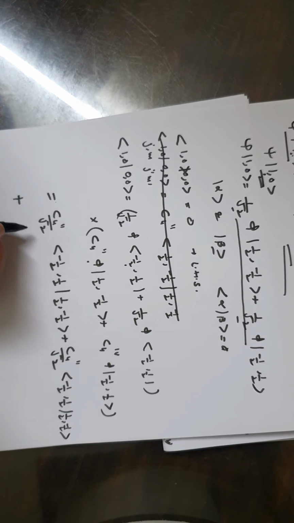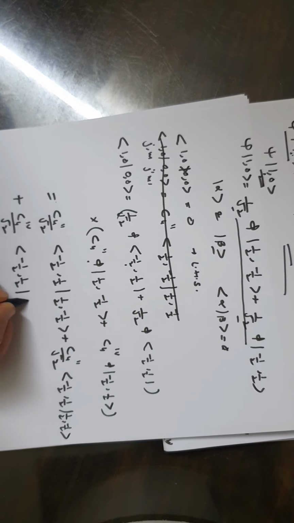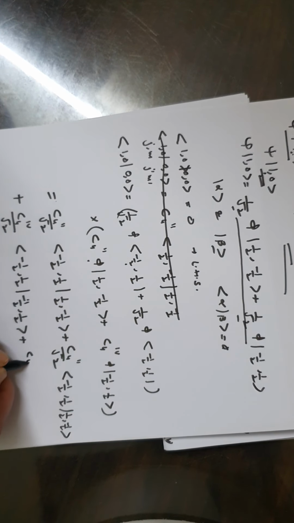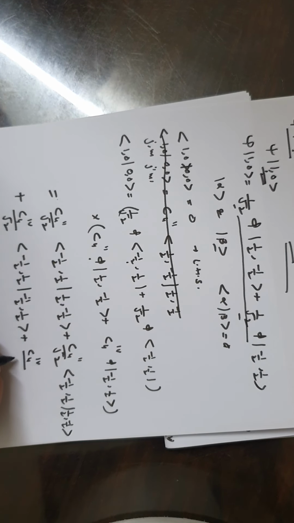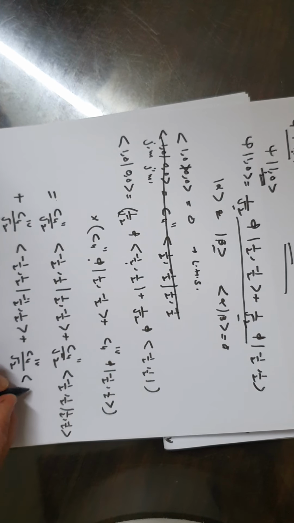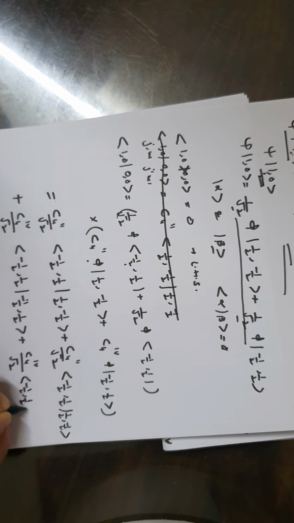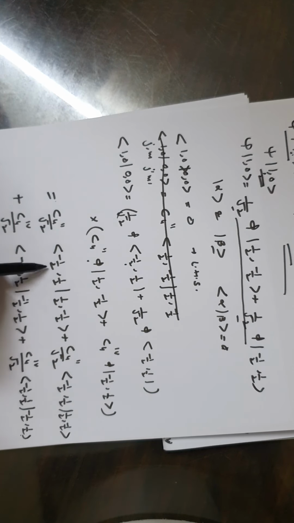Third term will be C4 4 times dash over under root 2 inner product of minus 1 by 2, 1 by 2 with minus 1 by 2 and 1 by 2 plus C4 4 times dash over under root 2 inner product of minus 1 by 2 and 1 by 2 with minus 1 by 2 and 1 by 2.